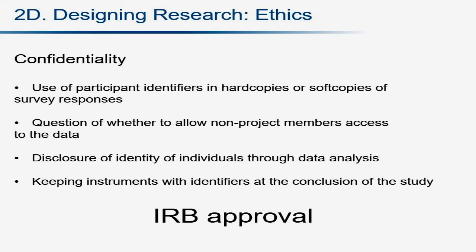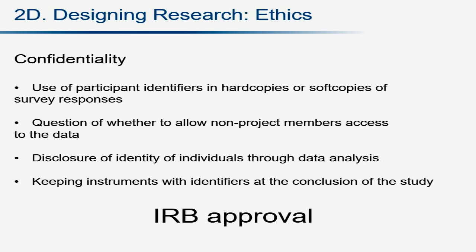I think this is something that I grapple with as well during undergraduate days and so on, coming out with surveys. Do you want to use participant identifiers, meaning do you want their names and their background in there, and then do you keep them?